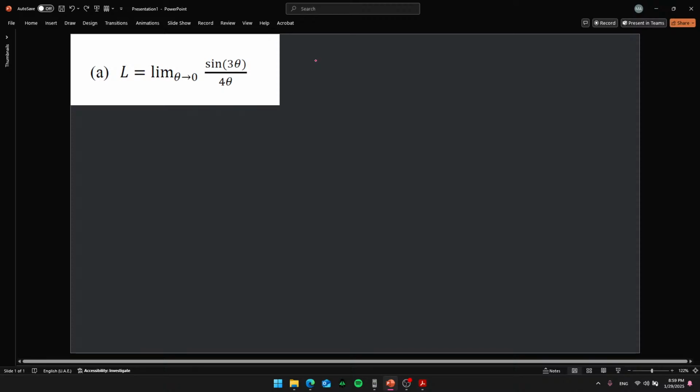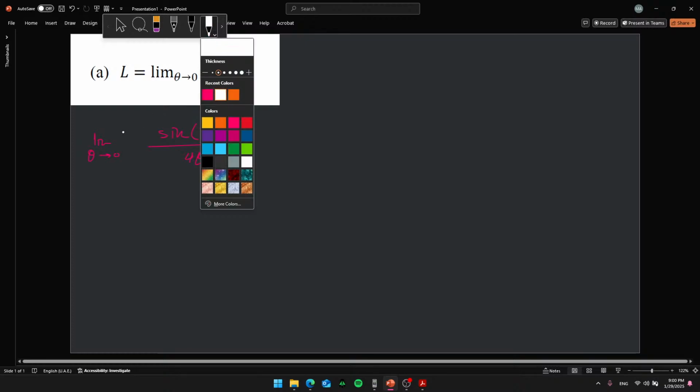So how did you get 3 over 4? You can't just simply say 3 over 4 and that's it. Okay? So we have to solve it algebraically and show all of the steps. Okay? So limit as theta approaches 0 of sine 3 theta over 4 theta. Some people call it theta, doesn't matter.